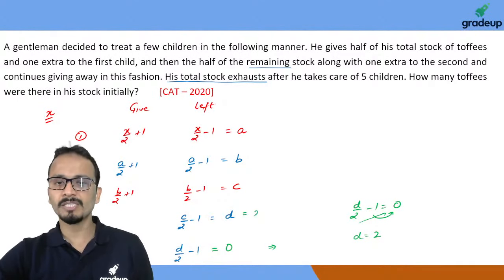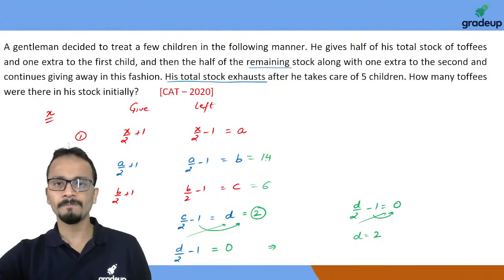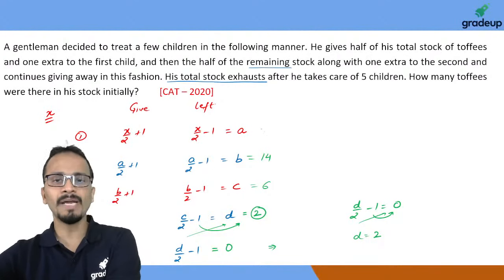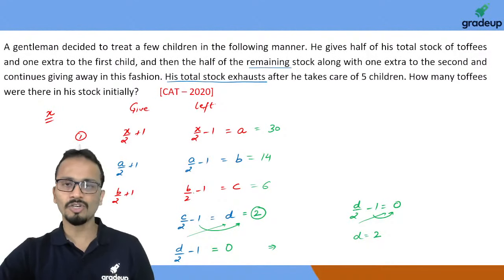Similar thing will be repeated once again. So 6 plus 1 is 7, 7 multiplied by 2 is 14. So the value of B is 14. Now let's calculate the value of A. A will be 14 plus 1, that is 15, multiplied by 2, that is 30. So the value of A is 30.